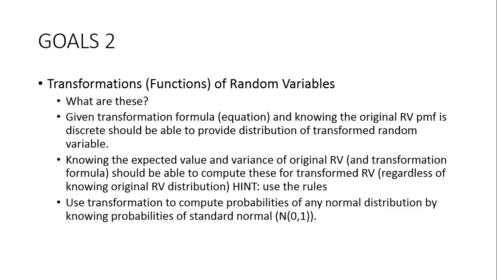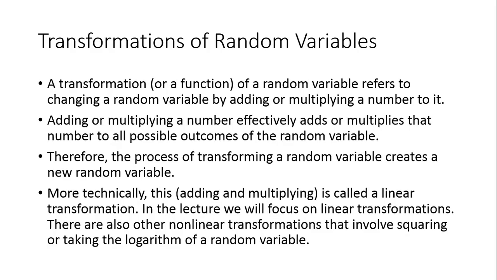So we'll talk about these transformations or functions of random variables and why they're important. It turns out they are important to some extent. A transformation, or let's say a function of a random variable, refers to changing a random variable by adding or multiplying a number to it.